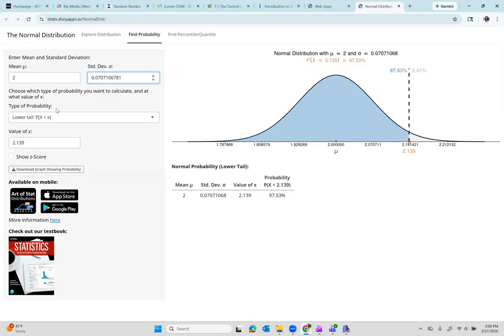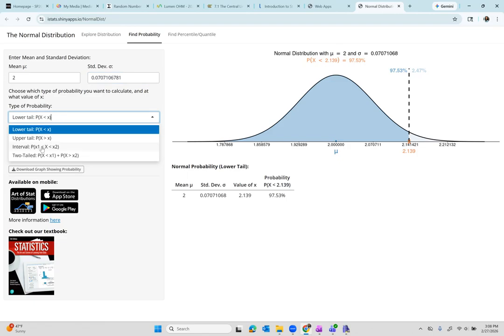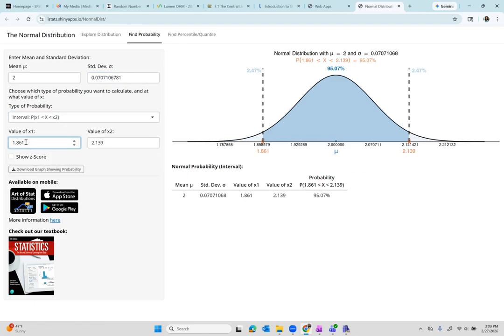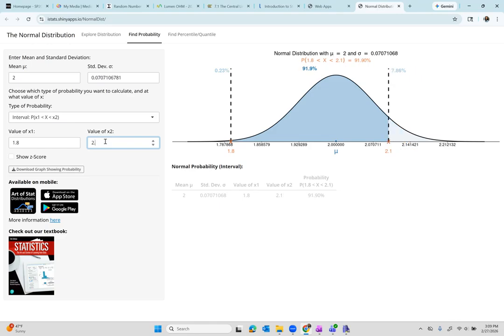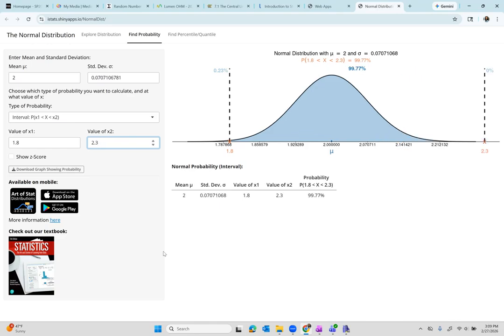So I need the probability in an interval. I need x1 to be 1.8, and I need x2 to be 2.3. And the probability, and again it gives me here the expression, is 0.9977.